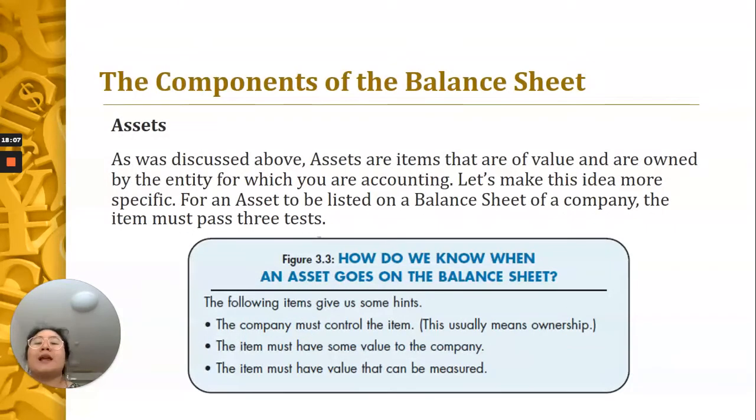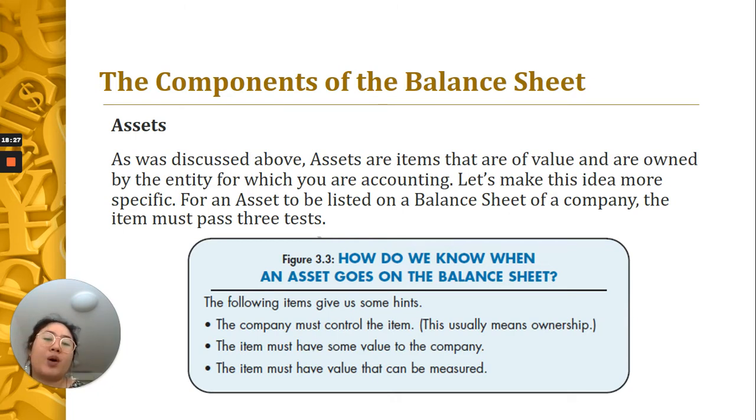The next topic is the components of the balance sheet. You already saw Figure 3.2, the picture of the balance sheet. The first item on the list is assets.